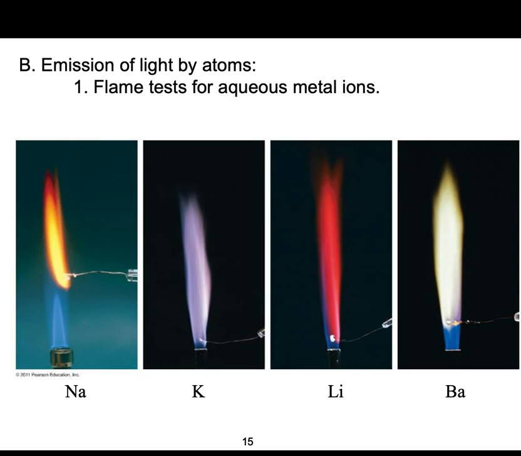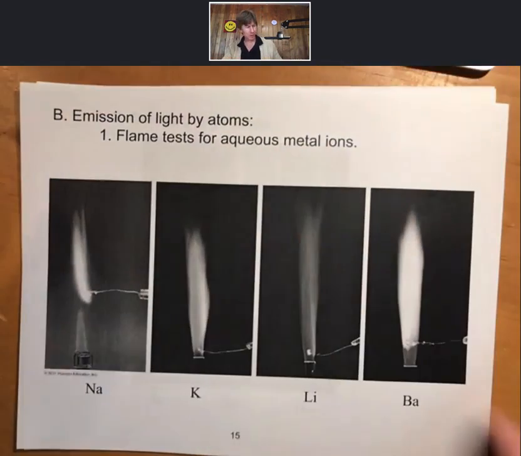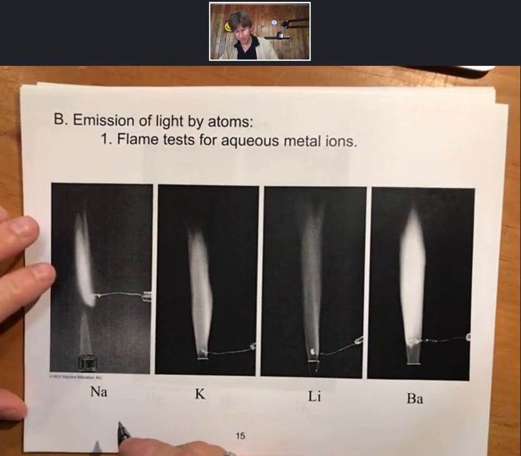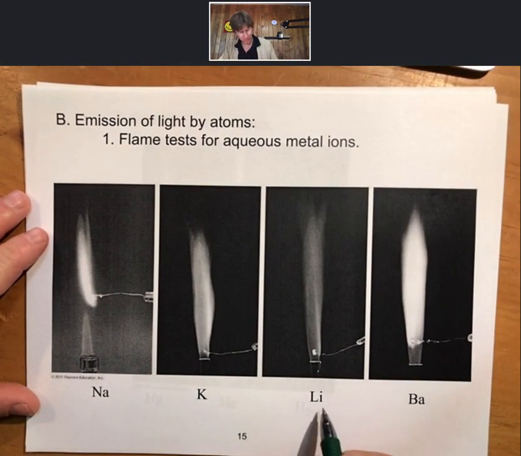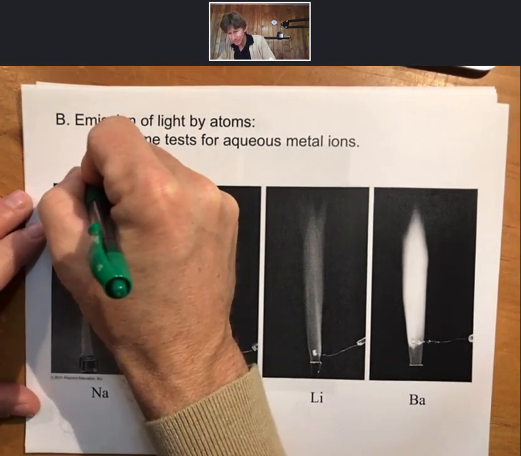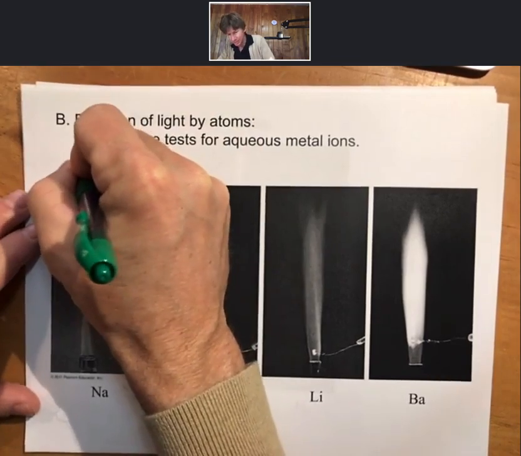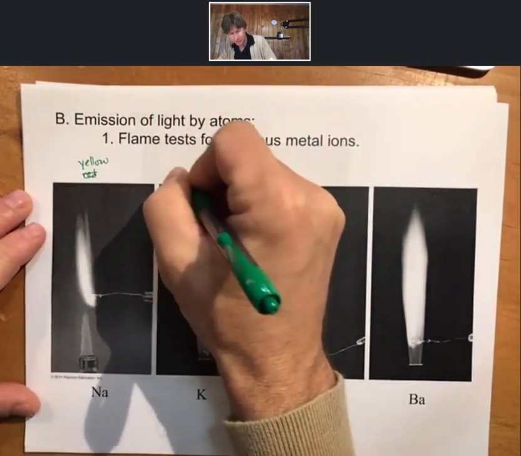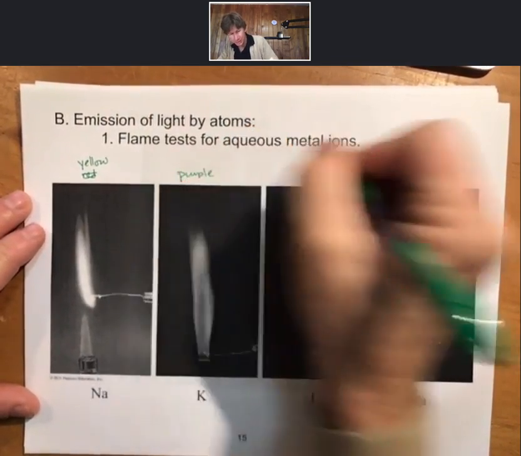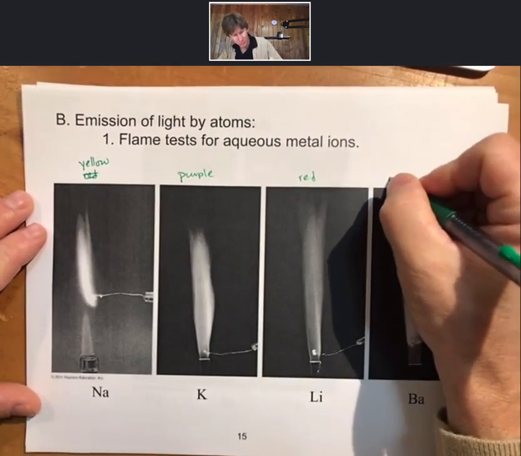So yellow for sodium, purple, red, and barium is sort of a whitish yellow. So first off we have sodium, potassium, lithium. We have red, yellow, purple, red, and sort of whitish yellow.